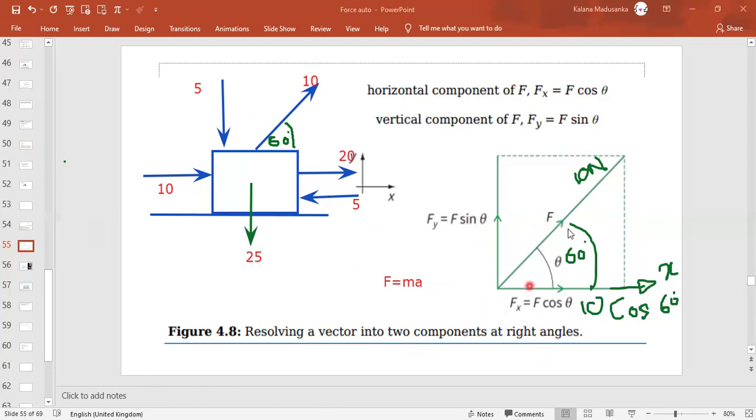Cos 60 value is 0.5, which means the value is going to be 5 newtons. 10 multiplied by 0.5, 5 newtons.